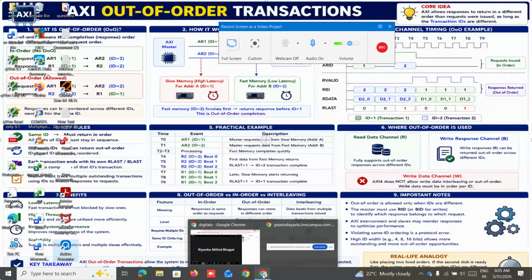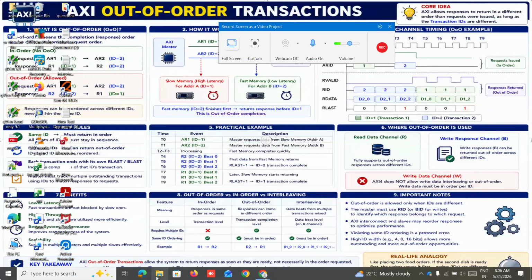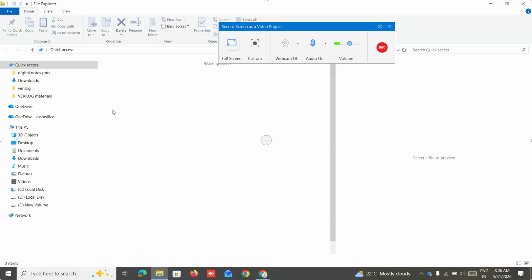Then some programmable logic devices, PLA, PAL, and PLDs. That is also completed, sir. I have posted that. Just for knowing purpose, I have explained PAL, PLA and PROM.